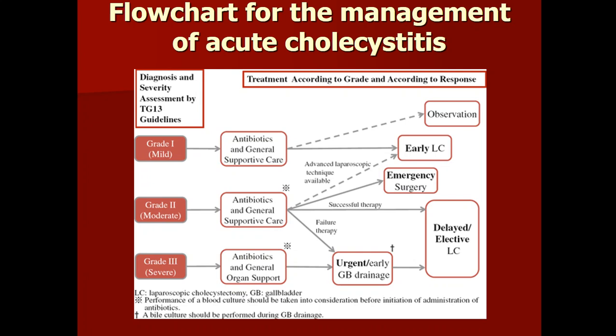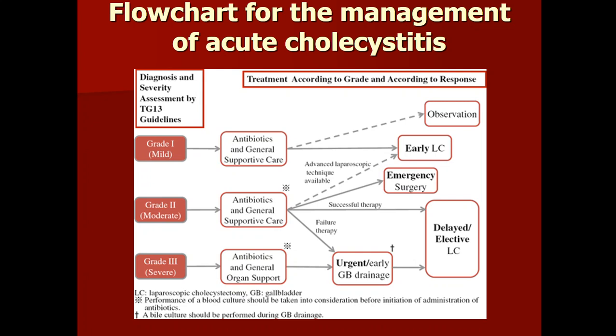Simultaneously, severity assessment of acute cholecystitis should be conducted based on the severity assessment criteria, in which acute cholecystitis is classified into grade 1, grade 2, and grade 3. Assessment of operative risk for comorbidities and the patient's general status should also be evaluated in addition to severity grade.